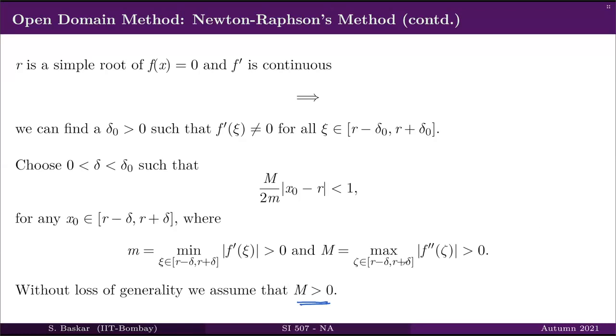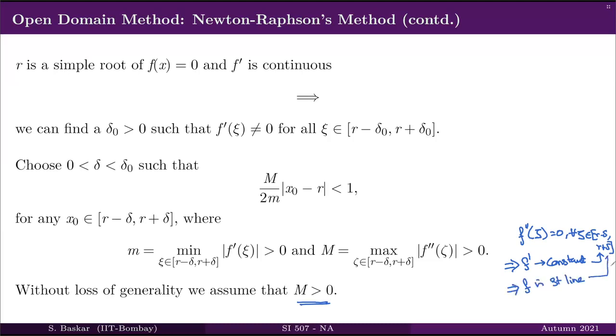If capital M is equal to 0, it means what? It means f''(ζ) is equal to 0 for all ζ in this delta neighborhood, right? It means f' is constant in this interval, and that means f is a straight line.